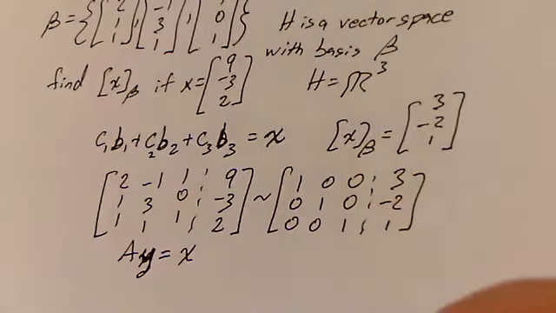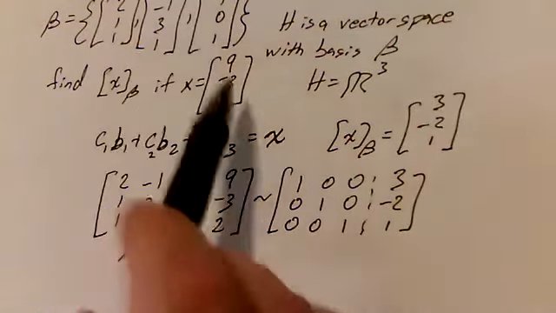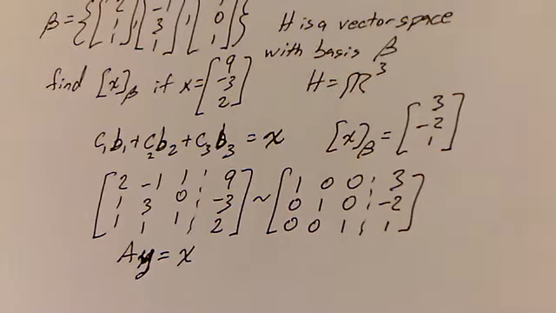Normally we've written AX equals B, but I don't want to use B because those are basis vectors, so I used X. Since I used X there, I need to use something different on the left. So AY equals X, and the way we solve that is by using systems of equations, row reduction, etc. And this also means that I can solve this using an inverse.